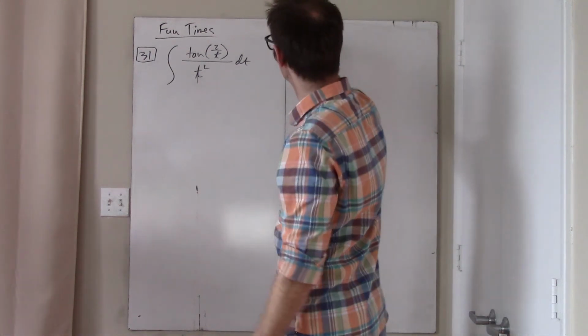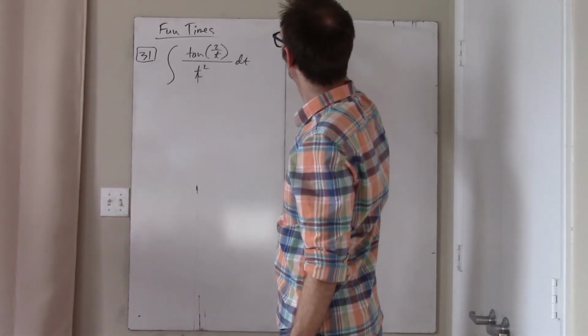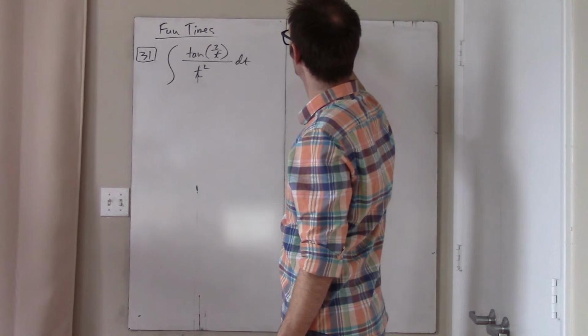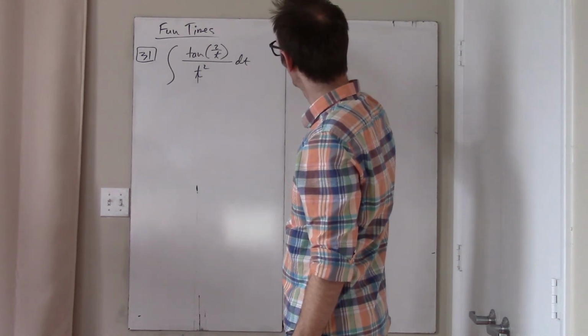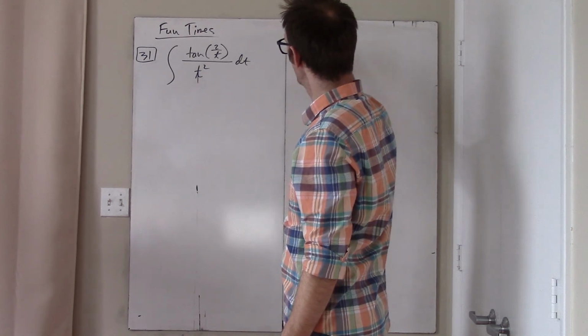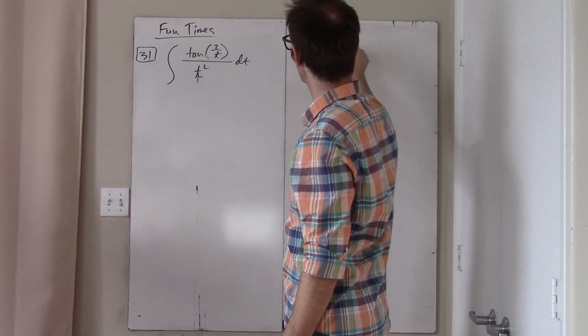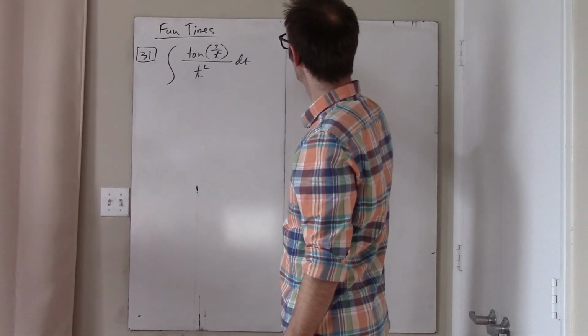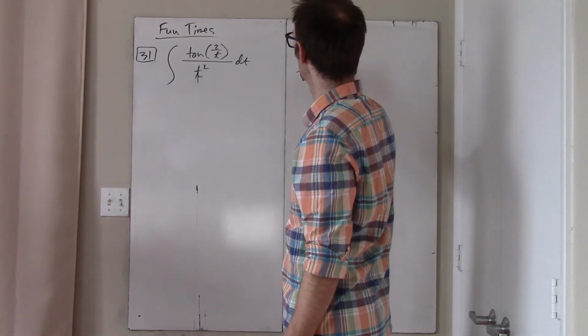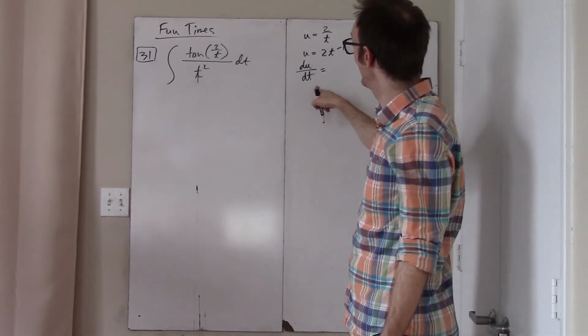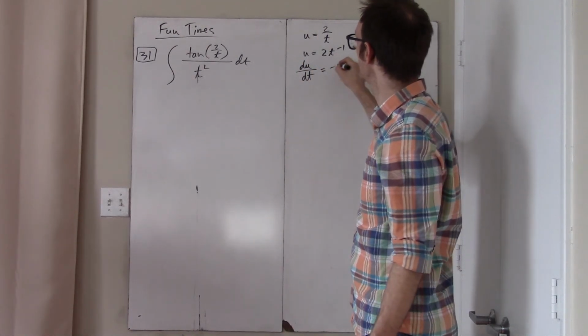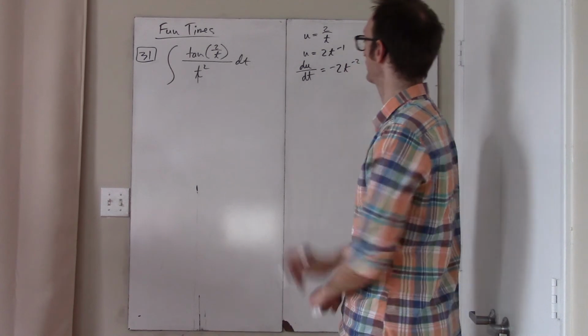Okay, so experience should tell you that if you let u be 2 over t, or perhaps you want to write it as 2t to the negative 1, then du dt is, well, it's negative 2t to the negative 2.